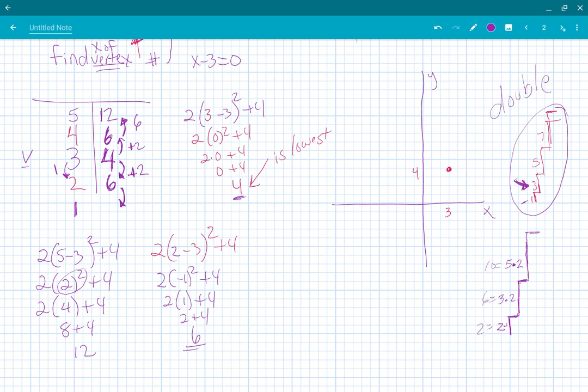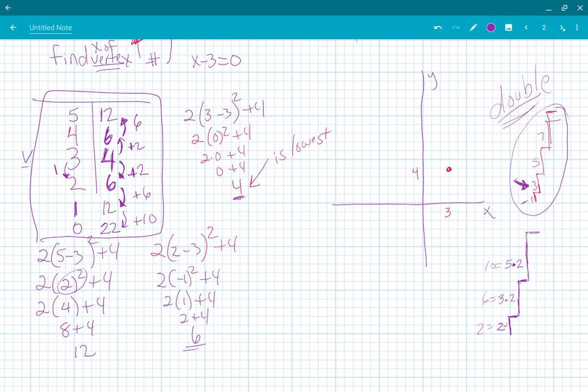Double means they're really tall stairs. Okay. So the next one, we're going to do a plus 6. And if you plugged in a 0, we're going to add 10 to that. And what's 12 plus 10? 22.